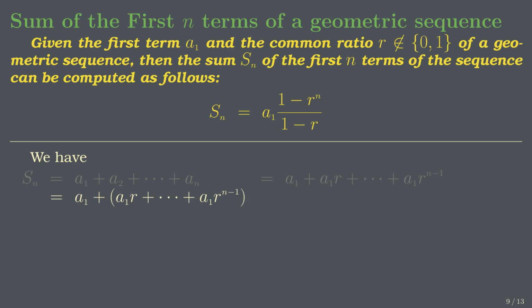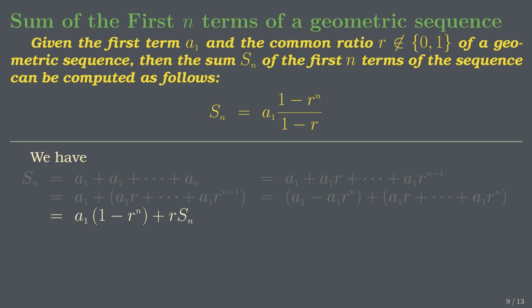And because we divide this into two terms, now we can subtract a1 times r to the n from the first term, and then we add the same amount to the second term. The first term should be a1 times 1 minus r to the n, and the second term now has the common factor r.